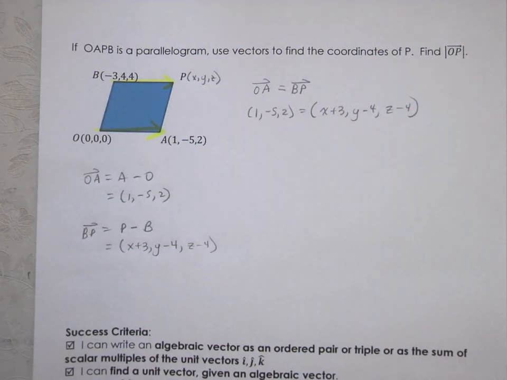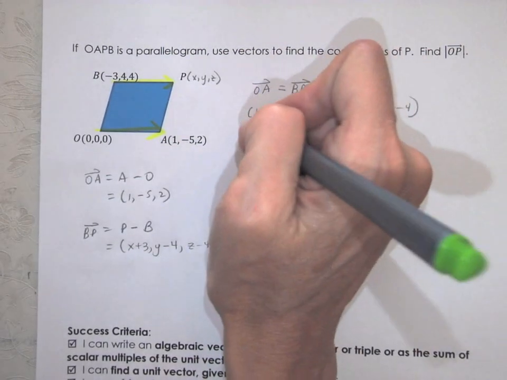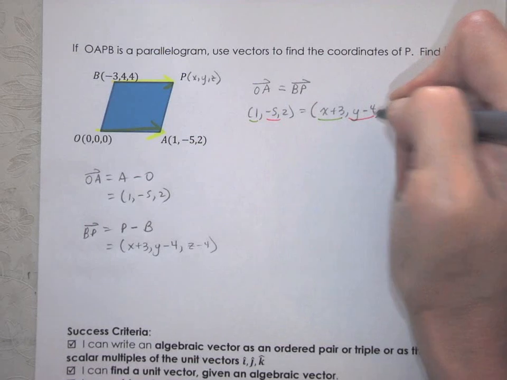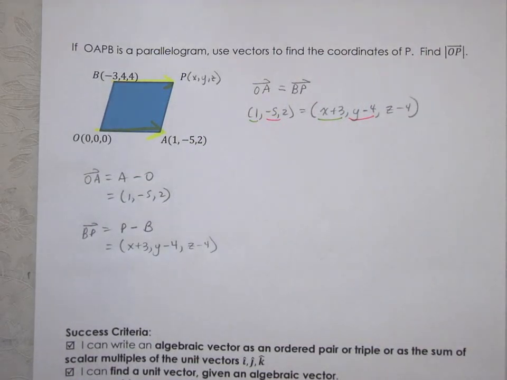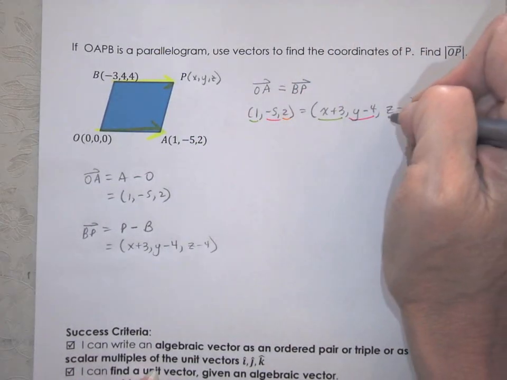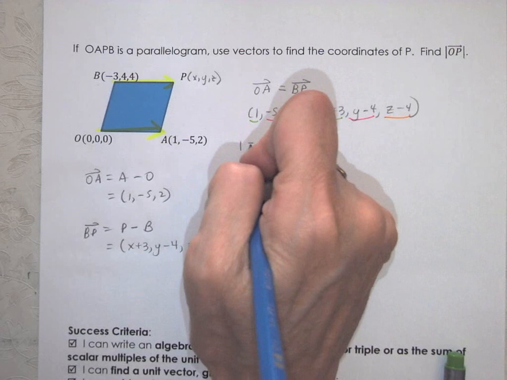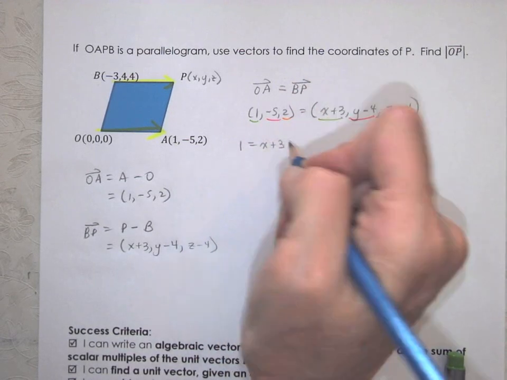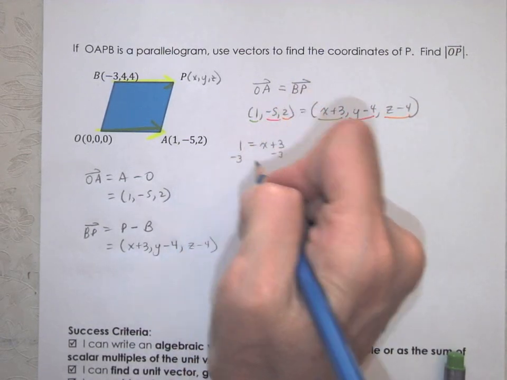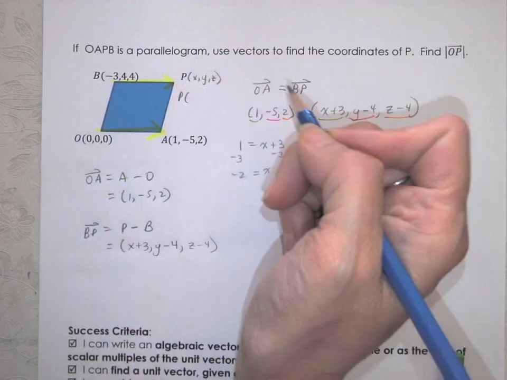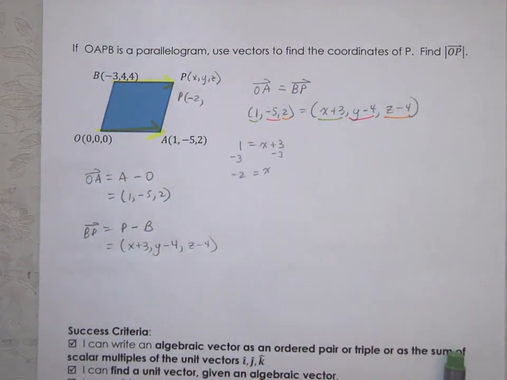We can see that, because they're equal vectors, they have to have the same x, y, and z components. So that means that 1 has to equal x plus 3, which gives us a simple equation that tells us x has to be negative 2. So if we're looking at point P here, we know the x has to be negative 2.